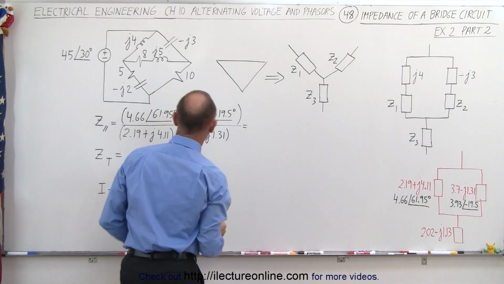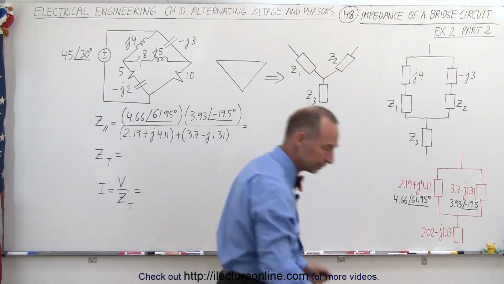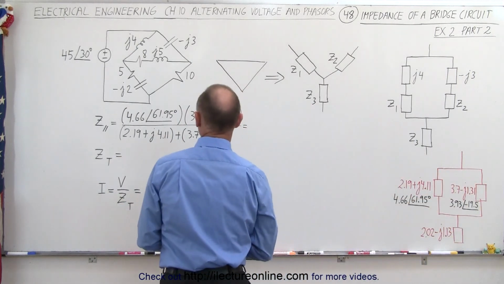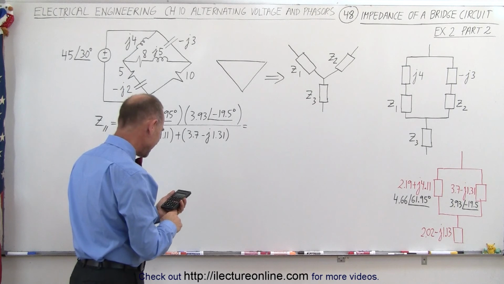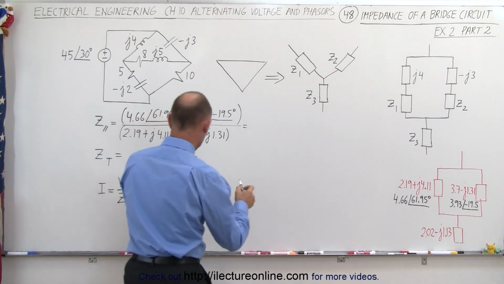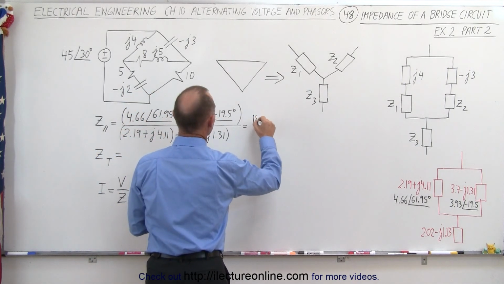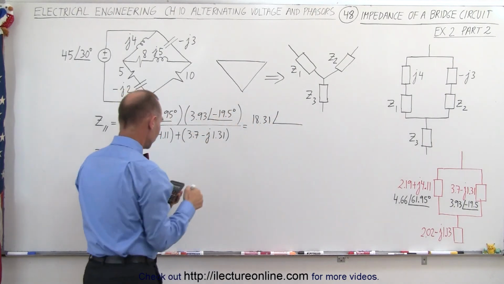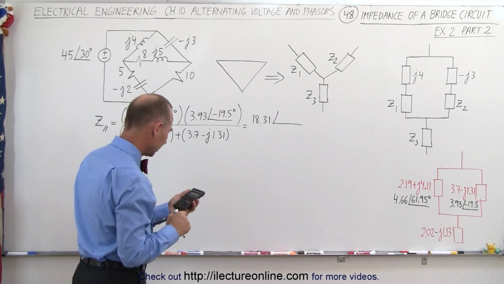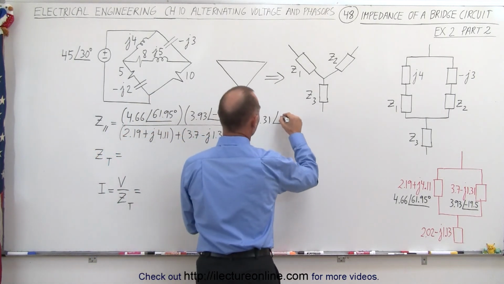Okay, and that is equal to, for the numerator, we take the product, so that gives us 18.31 with a phase angle of the sum of these two, that gives us 42.45.